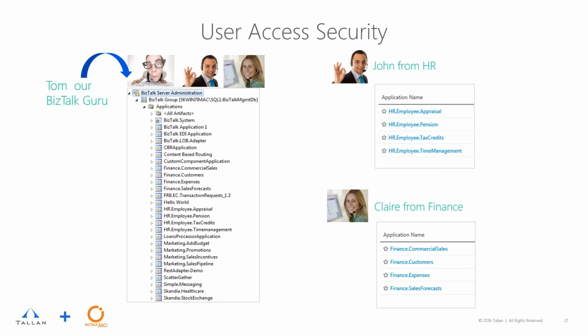That is not possible in the BizTalk Admin Console with the level of security it provides today. So BizTalk360 provides you highly granular control over the security policies. You can clearly define who can have access to which application.